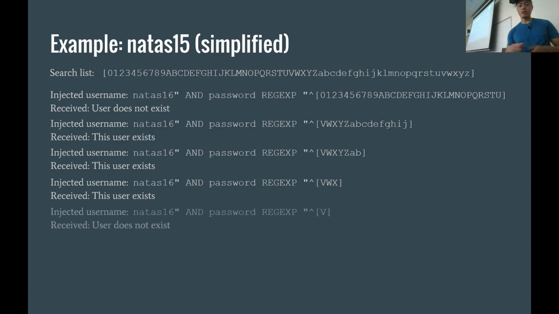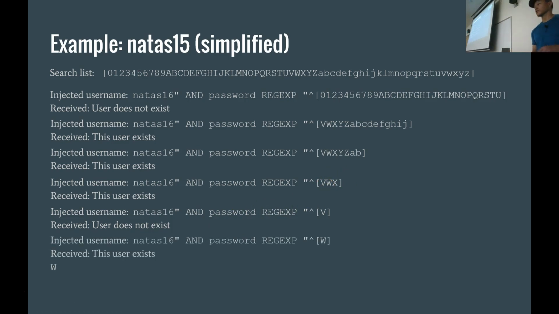So let me just say I search for whether this password begins with a capital V and the user doesn't exist. So then I'm going to search for the first half of the remaining, which is W and X, and this user exists. Now here I have a single character that it's matching against, so I know that the password begins with a capital W.